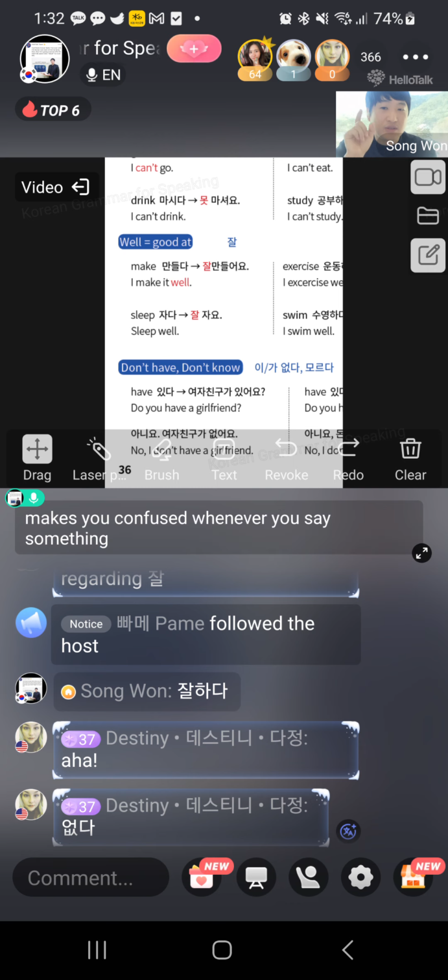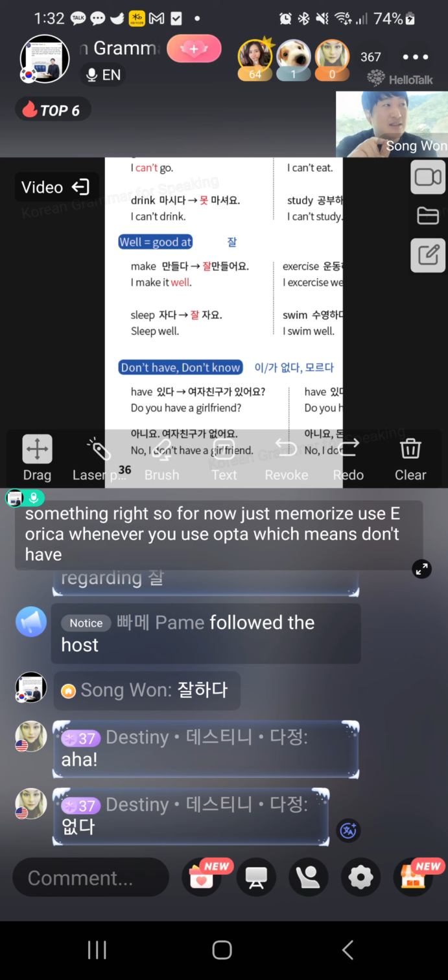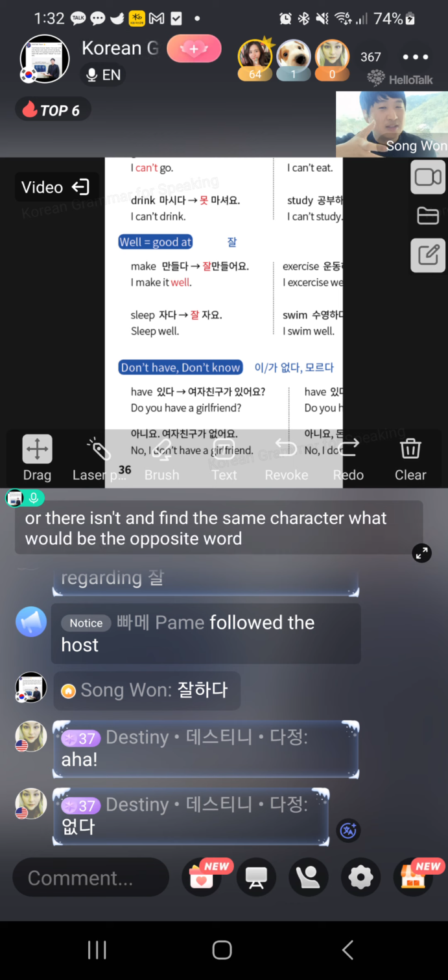So for now, just memorize. Use 이 or 가 whenever you use 없다, which means don't have or there isn't. And find the same character. What would be the opposite word?